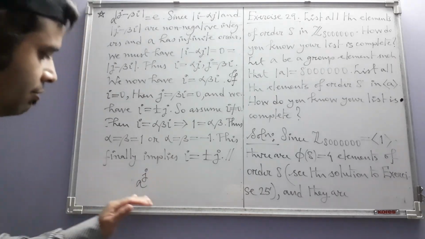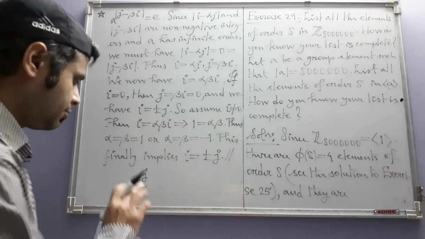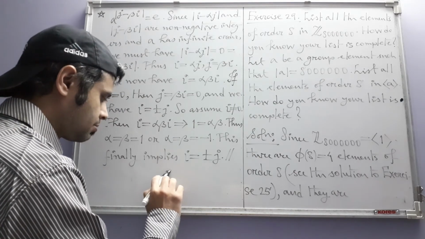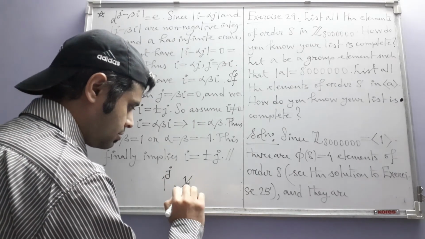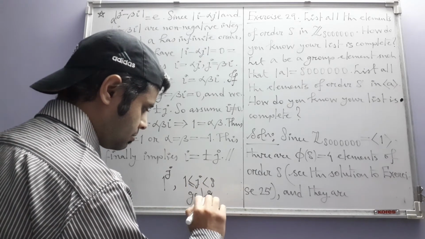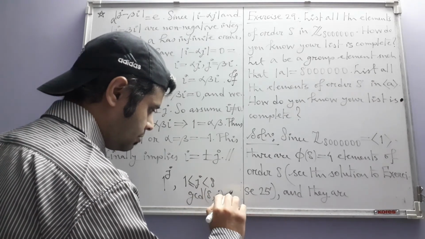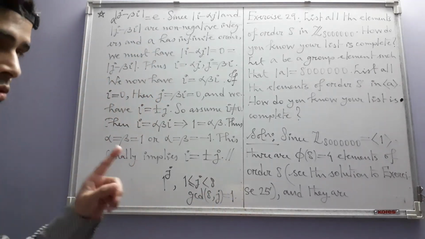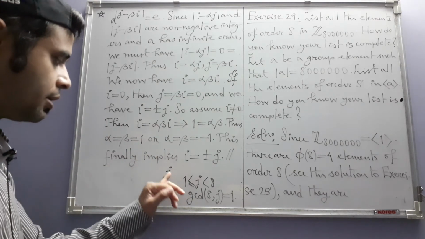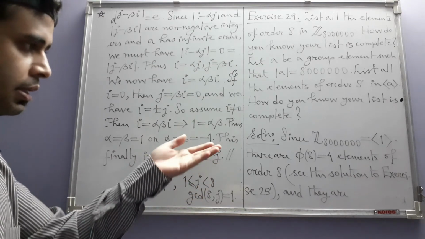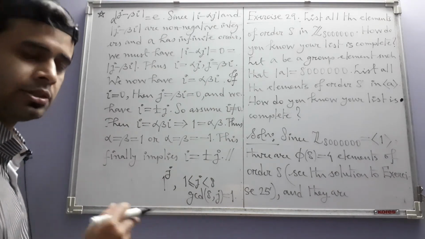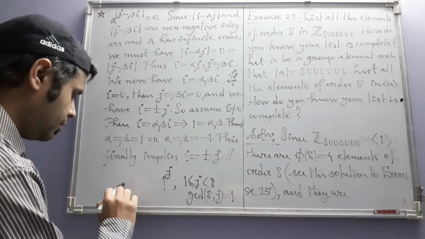These elements will have order 8, where in place of a we have 1. So actually we should have written this: j is less than 8 and relatively prime to 8. Don't think that 1 to the power j is 1. It's not your ordinary power. In this additive group, 1 to the power j really means 1 plus 1 plus 1, j times. Okay, so this is j.